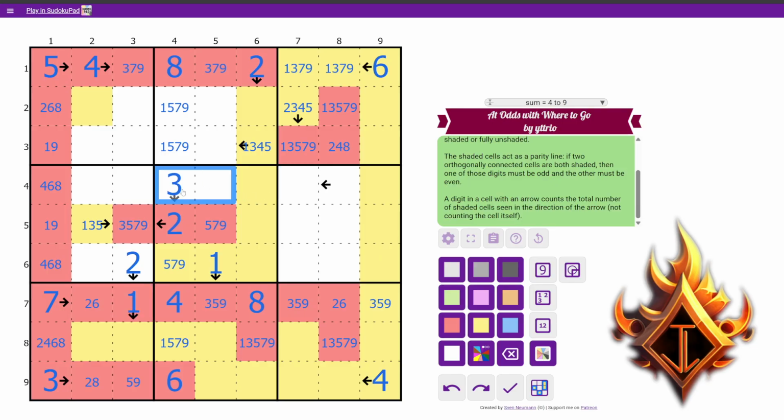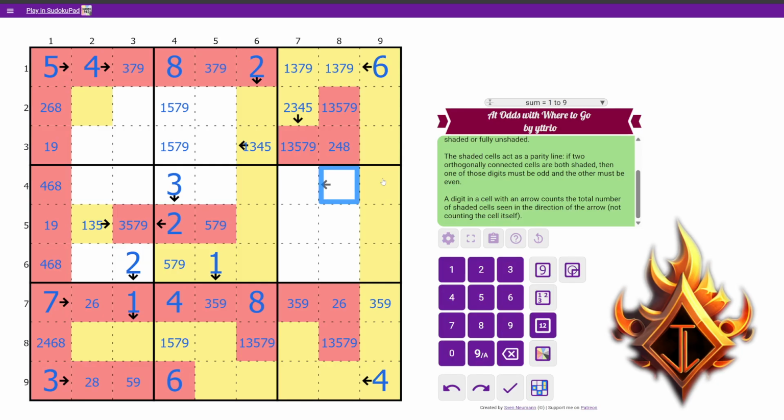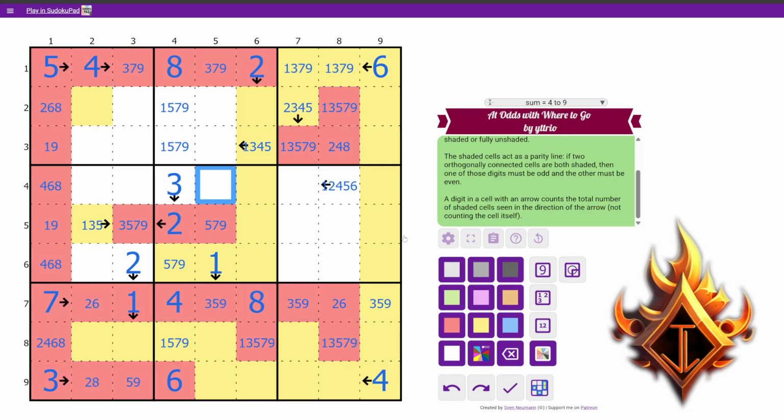1, 2, 3, 4, 5, 6. This goes all the way up to 6. Don't know what color it is yet. 8. 8 goes here by Sudoku.